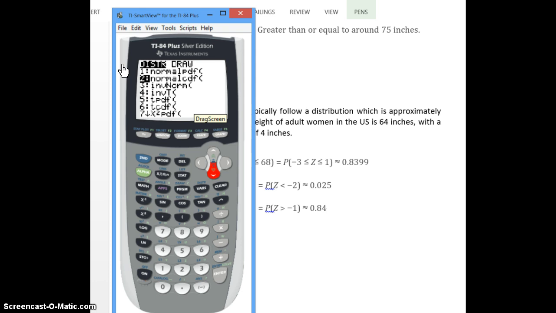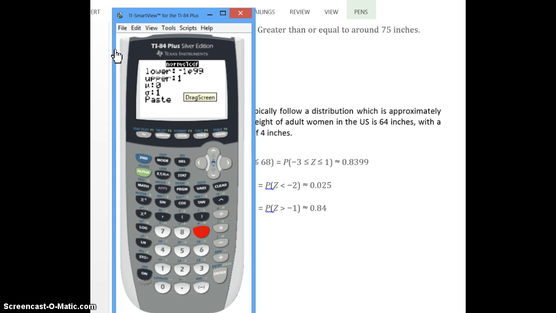normal CDF. Now for the lower, there was no lower endpoint. So what we're going to put in is negative 1, E, 99. How do we get the E? Second, division sign, 9, 9. That tells the TI there is no left endpoint, there is no lower number.